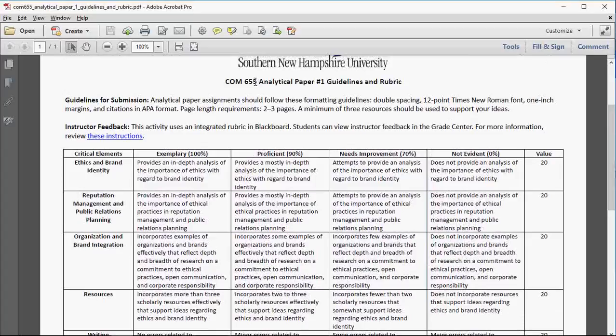COMM 655, and that is to go to the guidelines and rubric document for the corresponding assignment. And what you see before you here then is the COMM 655 analytical paper number 1, guidelines and rubric.